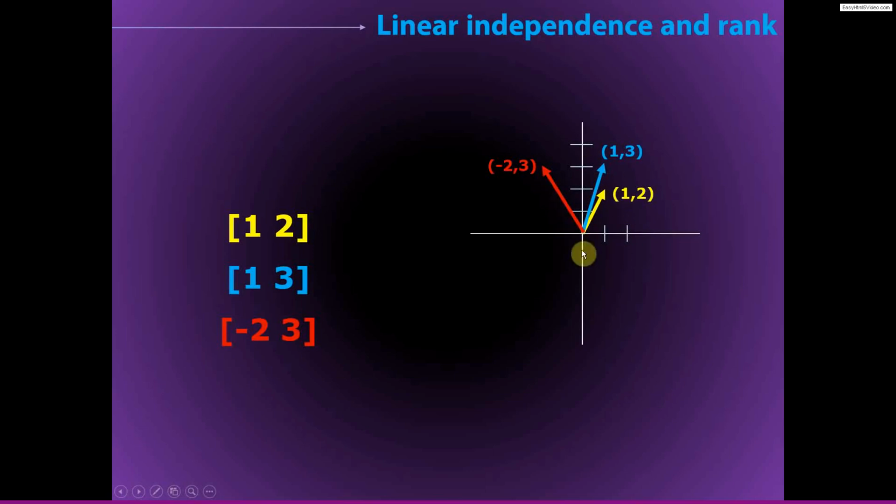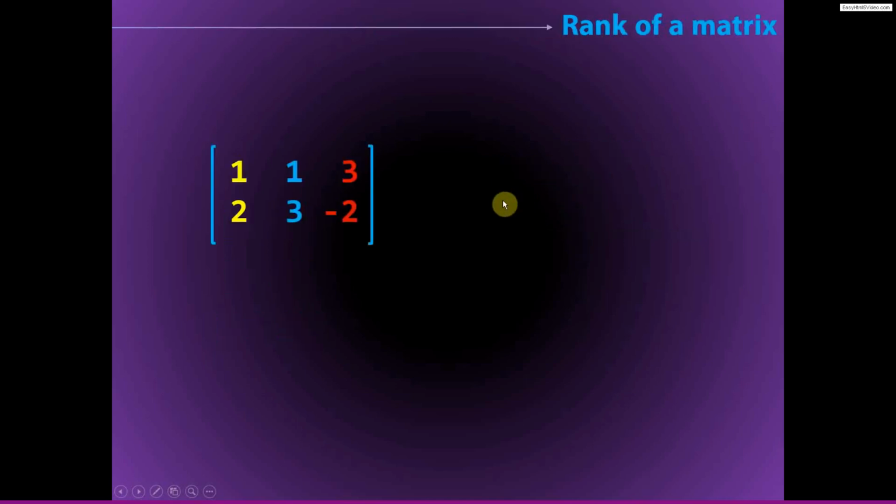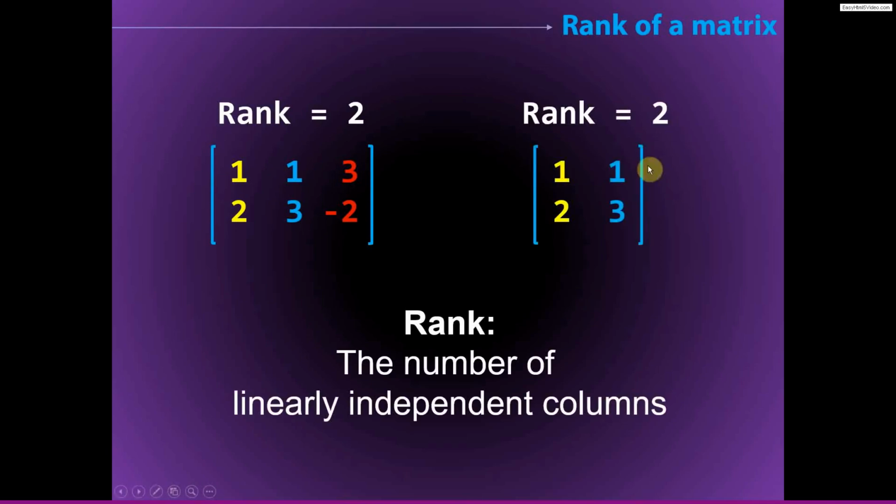So if you have a 2-dimensional space, there's no possible way to have 3 linearly independent vectors. But the rank of this matrix is 2. But the rank of this matrix is also 2. So it can seem a little weird at first, but it basically means that the rank is the number of columns that provide independent information.